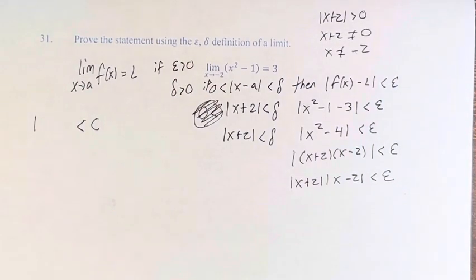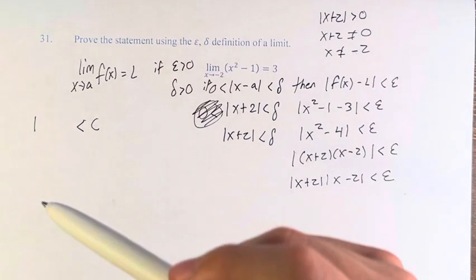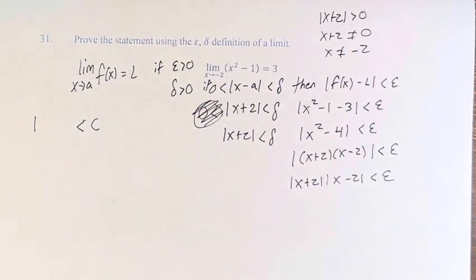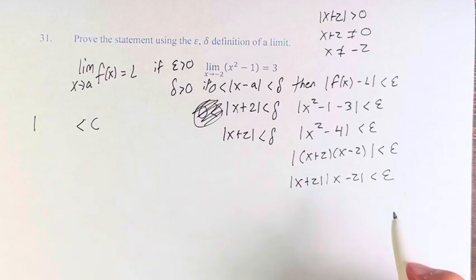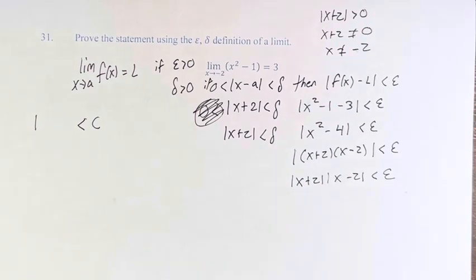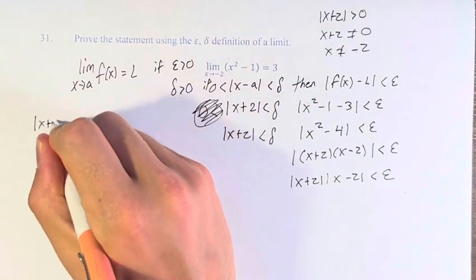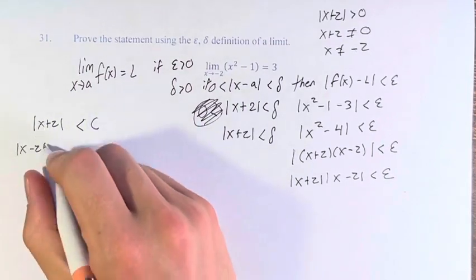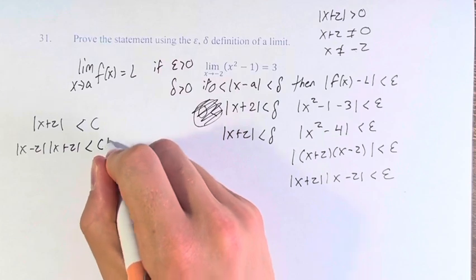We're actually going to need c to be greater than the absolute value of x plus 2. Then when we multiply this by x minus 2, we get x minus 2 times x plus 2 is less than c times x minus 2.